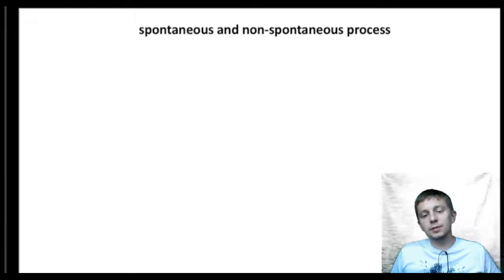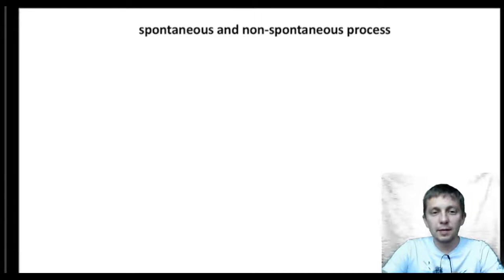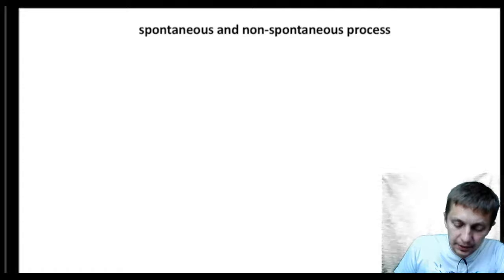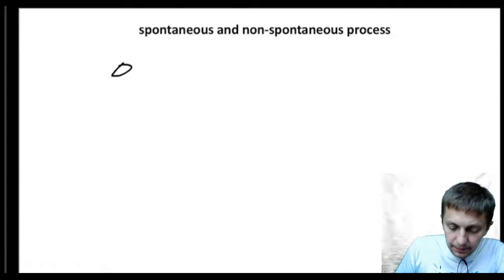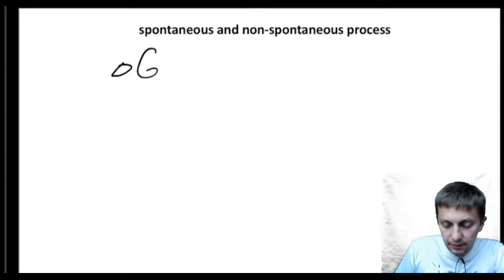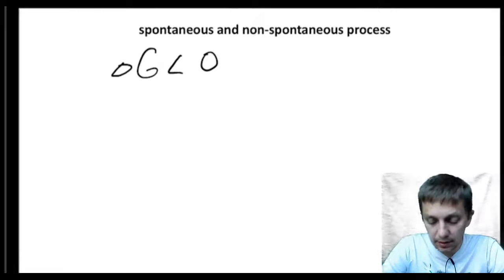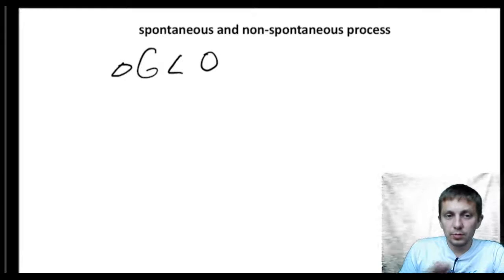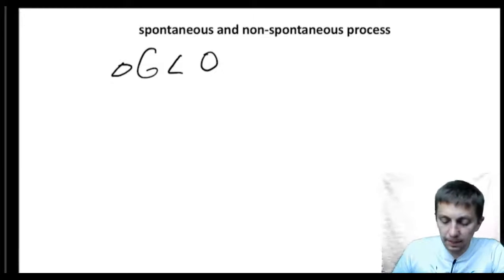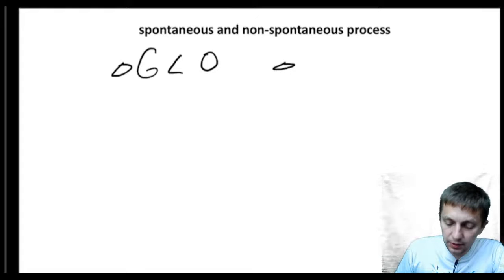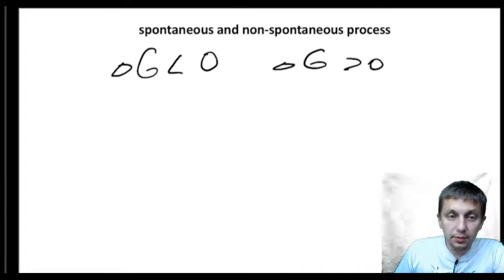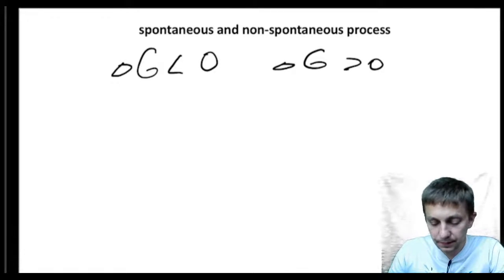And all processes can be described as spontaneous or not by Gibbs energy, for which we use symbols. If Gibbs energy is less than 0, it's a spontaneous reaction, any process which happens spontaneously. And if Gibbs energy is more than 0, it's not a spontaneous reaction.